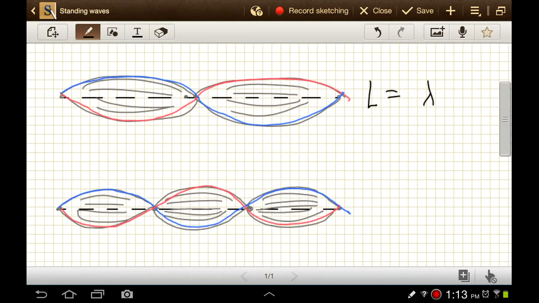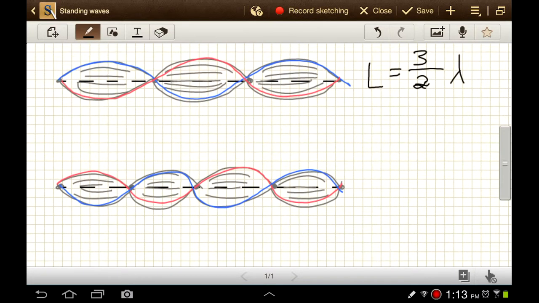Down here I see I've got one complete wave here and then an extra half of a wave. So I only need from here to here for my one complete wave. Now I can think of this distance L as being divided into thirds in this picture, and two of those make up one complete wave. So that means that the length of the string must be 1.5 or 3/2 times the wavelength.